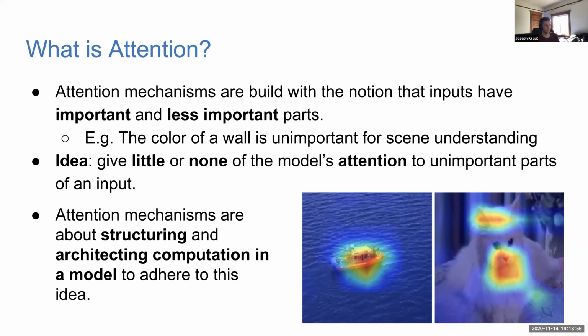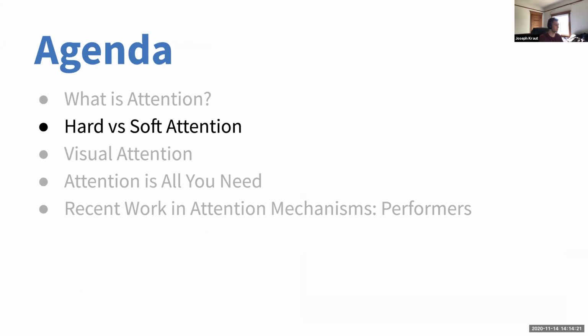So this is a visualization of where an attention model is looking when it's classifying an image of a boat and an image of a cat. And you can see very clearly what it considers to be relevant to the classification. And we'll get into today how that works. Any questions about attention at a high level before I move on though? Okay, yeah, that's just the intro as expected.